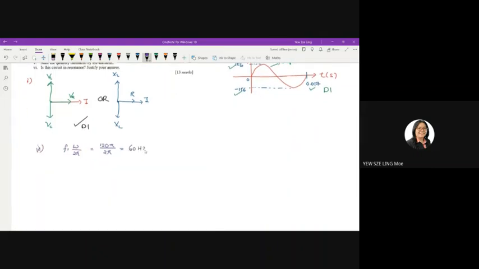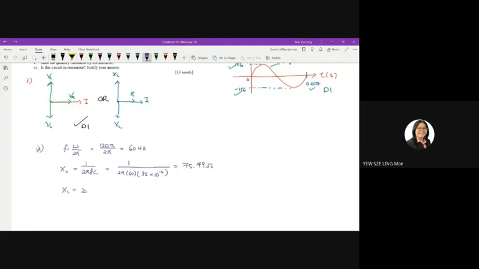60 hertz. And then calculate XC. XC equals 1 over 2 pi fC. Plug in the value: 1 over 2 pi times 60, and the capacitance given is 35 times 10 to the power of negative 6. If you got it right, then your XC would be 75.79 ohm.